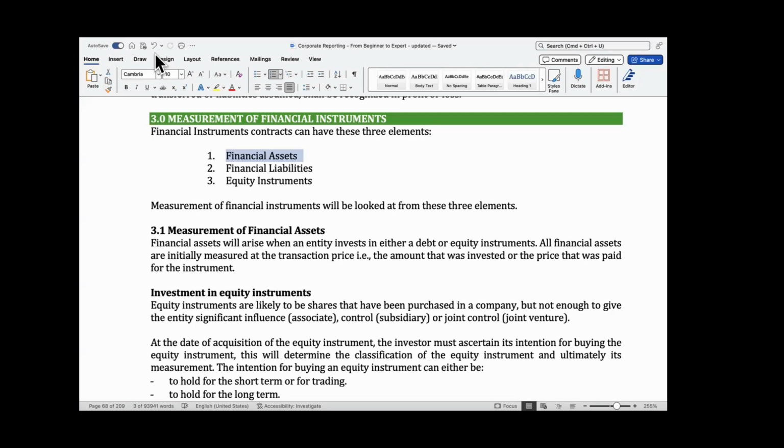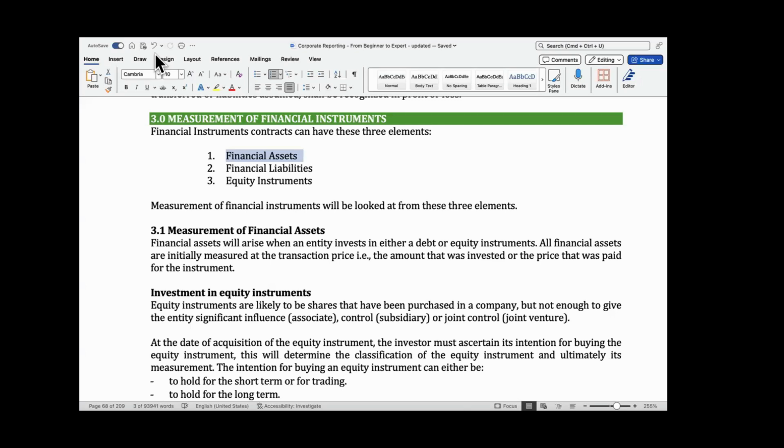And I told you that business model in this context means how do we want to make money from these debt investments? And there are two ways. Number one is solely to collect interest and principal. And number two is to collect interest and principal and also to sell the financial assets or debt investments if there is an opportunity for higher yield somewhere else.